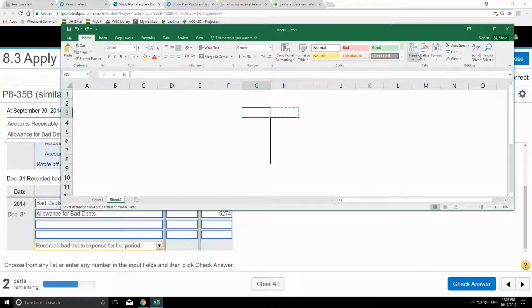This is our allowance for bad debt. That's what they call it.